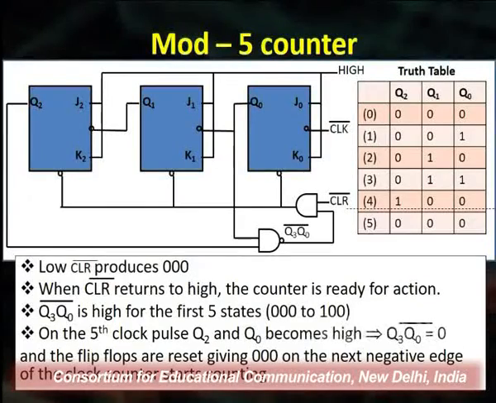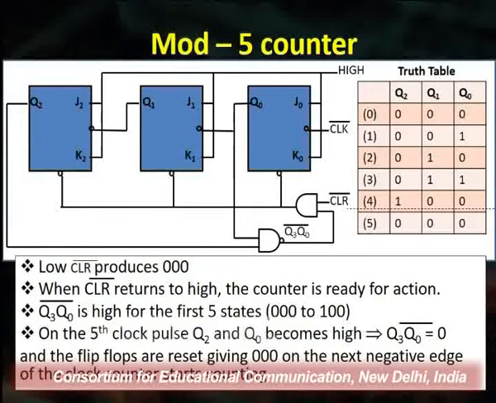The NAND gate has inputs from Q2 and Q0, and when both Q2 and Q0 go high, that is 101, the output of the NAND gate goes low, which is the input of the upper AND gate, and that AND gate goes low, and hence it clears out all the data from the flip-flops and the counter resets itself to 000.